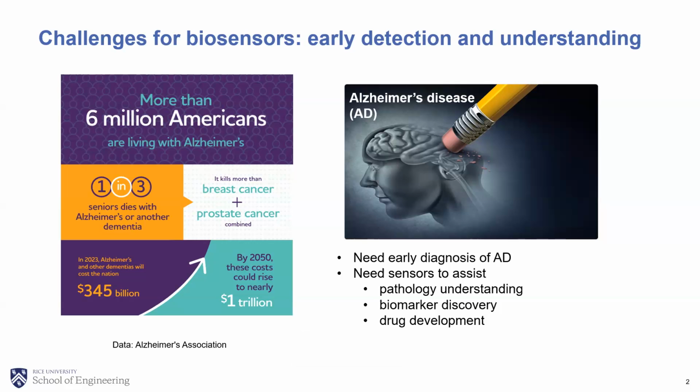Please note here, for early diagnosis, just improving the sensitivity is not enough because we don't even know what to detect. We don't know their biomarkers. Therefore, we will need some sensing technologies that can help us better understand the pathology, to discover the biomarkers, and even to develop the drugs. So what kind of sensing technologies can help us achieve this goal? Next slide, please.